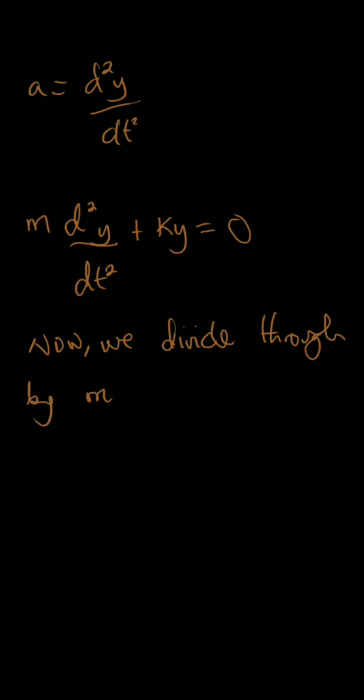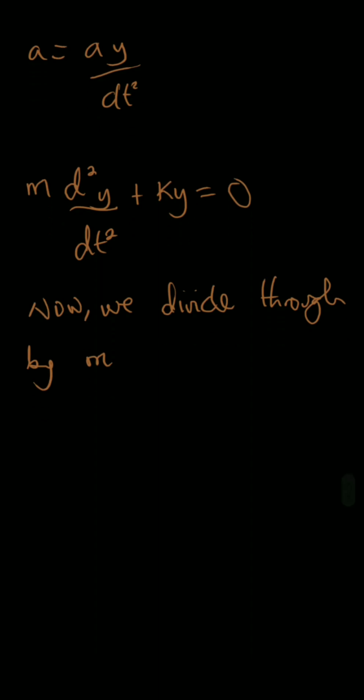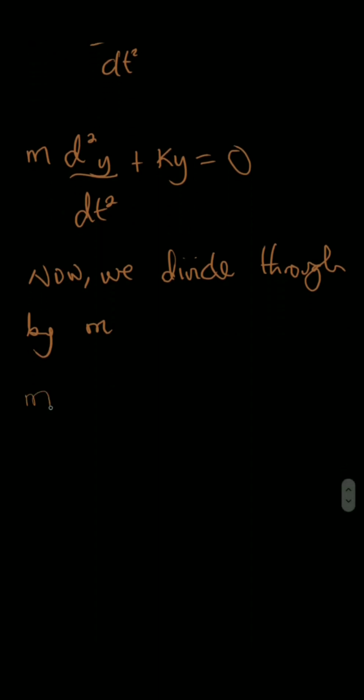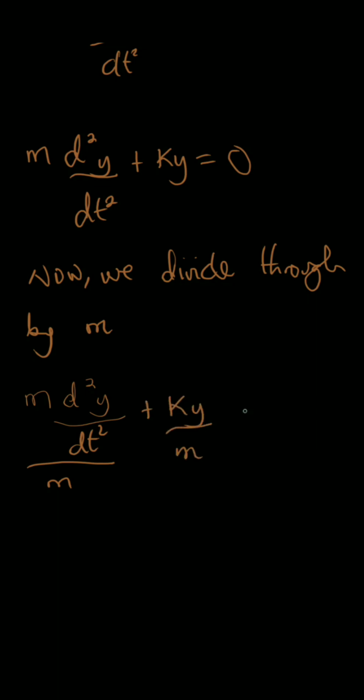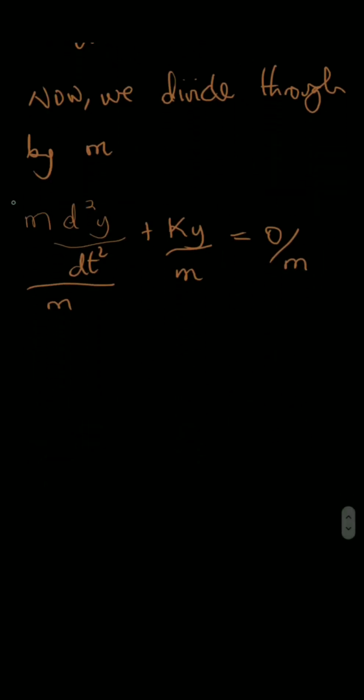We divide the second derivative by m, the ky by m, and the 0 by m. This gives us the second derivative over m, plus ky over m, equal to 0 over m.